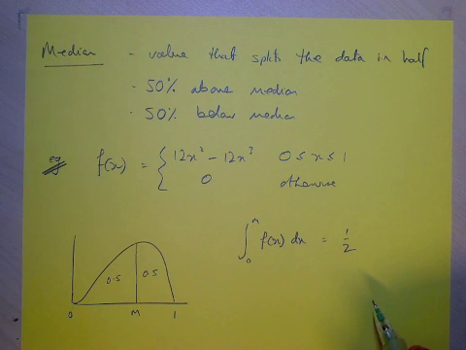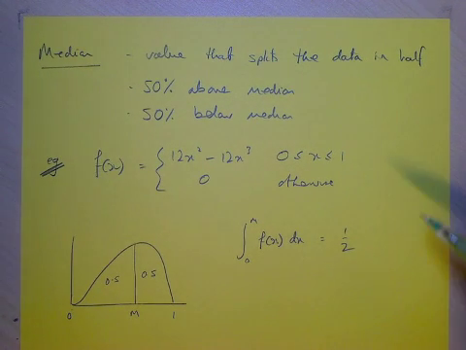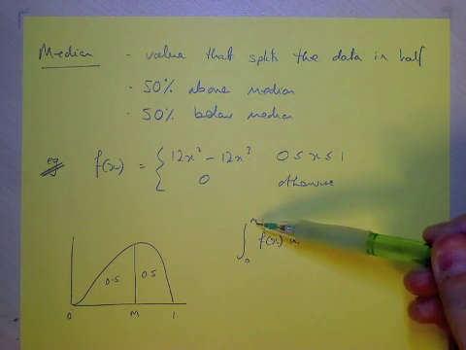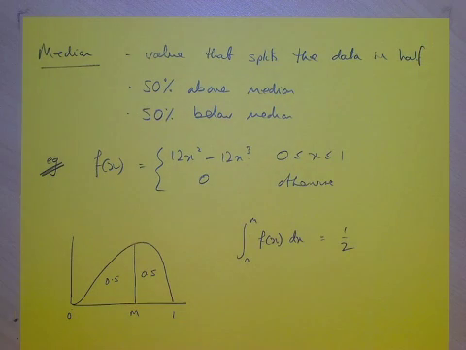And I can then set this equation up and try to solve it. I'll leave you to put the function in to integrate between the limits of 0 and m and see how far you get, and then we'll take a look at that in a moment.